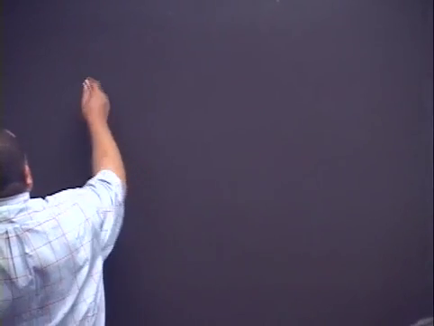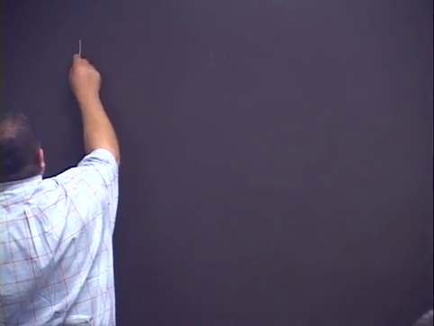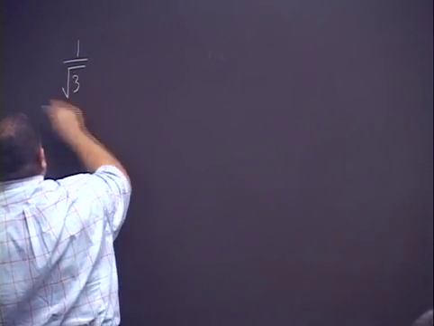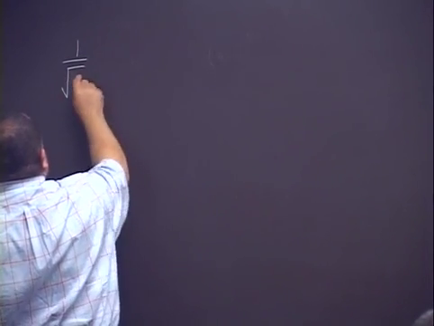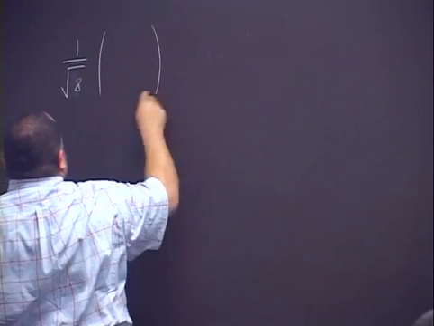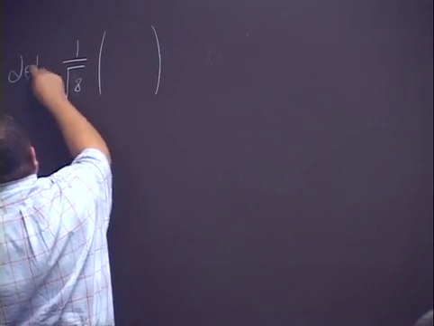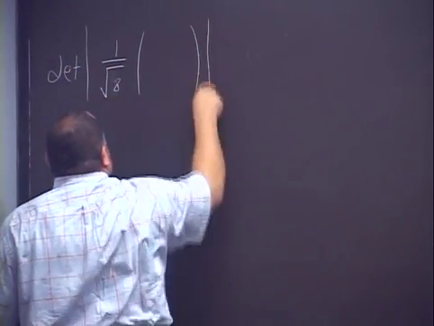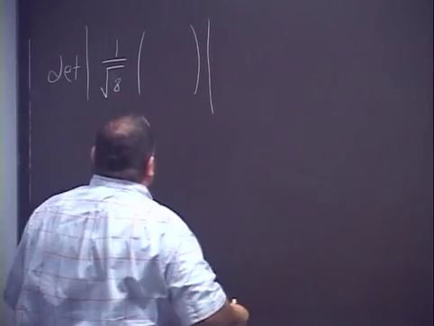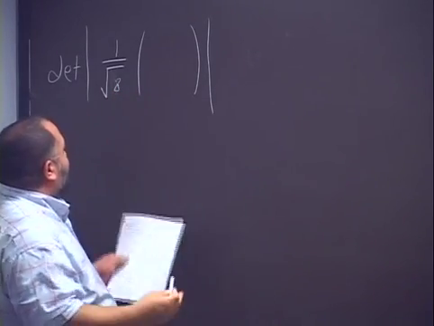But before I start, some of you asked me, for the homework problem, if you have something like 1 over the square root of 8 multiplied by your matrix, when you get the determinant, whether it will be 1 over 8 or 1 over 8 to the power of cube or whatever.